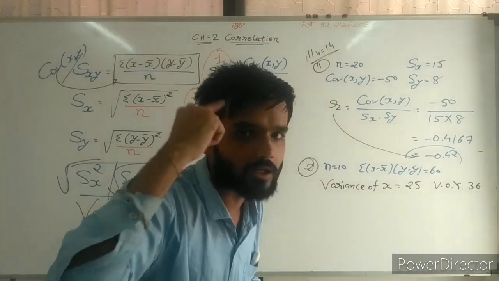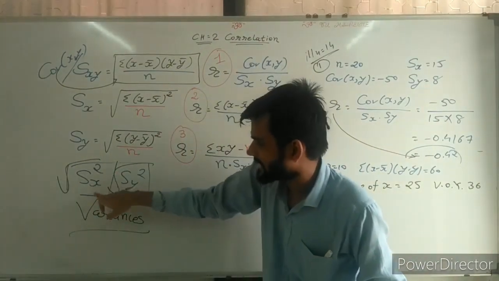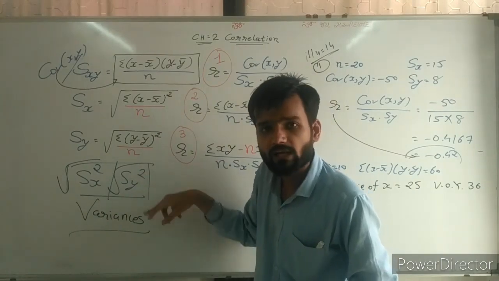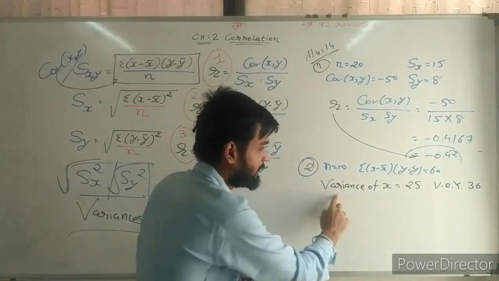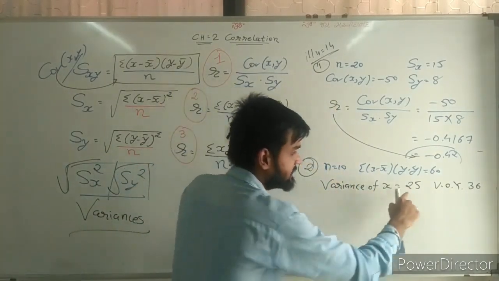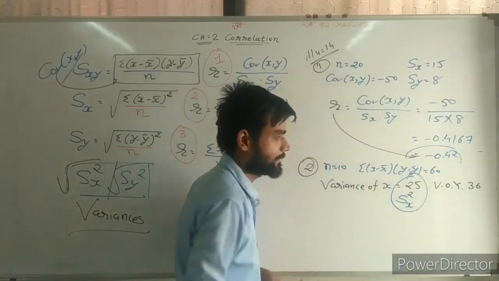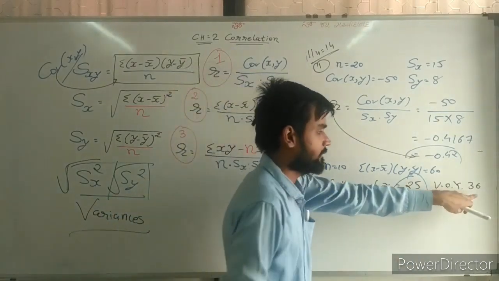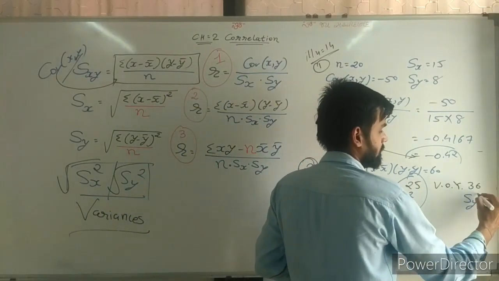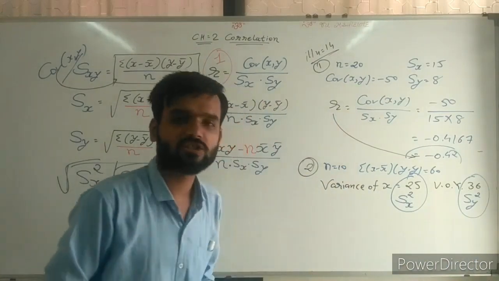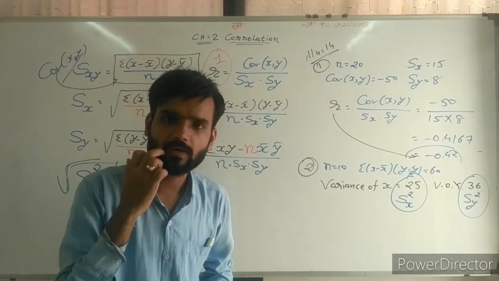Now try to remember: variance means Sx square and Sy square. Variance of x means this is the value of Sx square, and in the same way variance of y is Sy square. Simple.